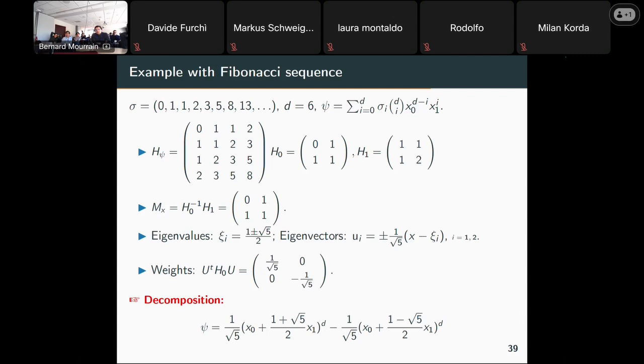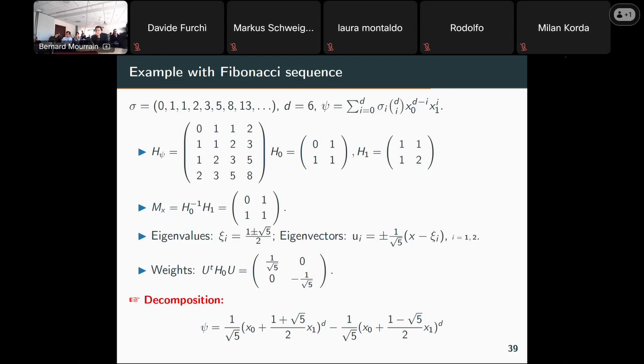We multiply the basis 1, x by x, so we have x. And now we multiply x by x, but x squared is equal to x plus 1. It's the characteristic polynomial we have seen. So its eigenvalues are the roots of this polynomial.